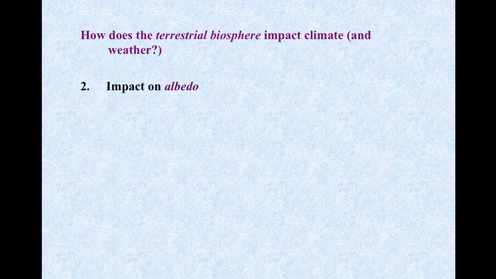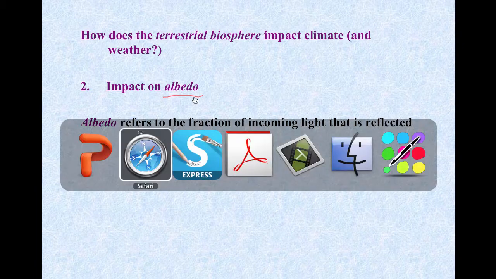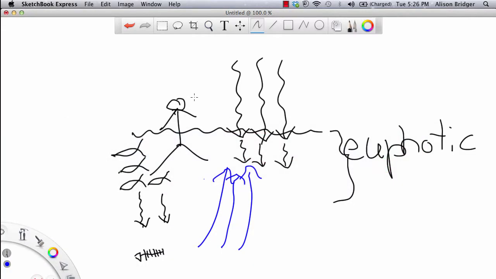Secondly, there's an impact on albedo. Albedo is another term that either you should know or soon will be familiar. Albedo refers to the fraction of incoming sunlight that gets reflected back to space. Quick diagram time.